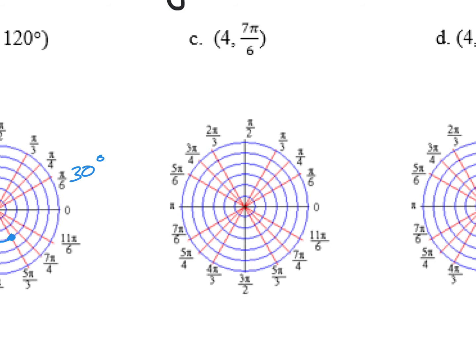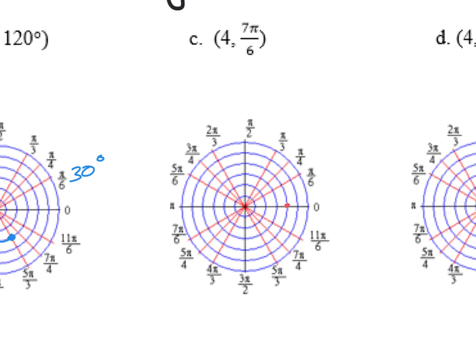All right, first find 4. 1, 2, 3, 4, right? So now when I'm marking that I'm there, okay, basically you can see that circle that goes all the way around, there's a bunch of them, right? You got 1, 2, 3, 4, 5, and then 6 units away from the center. That's based off your R value. I'm at the one that's 4, so I know I'm going to be somewhere on that circle. The next piece is for the angle to tell me where should I go, okay?